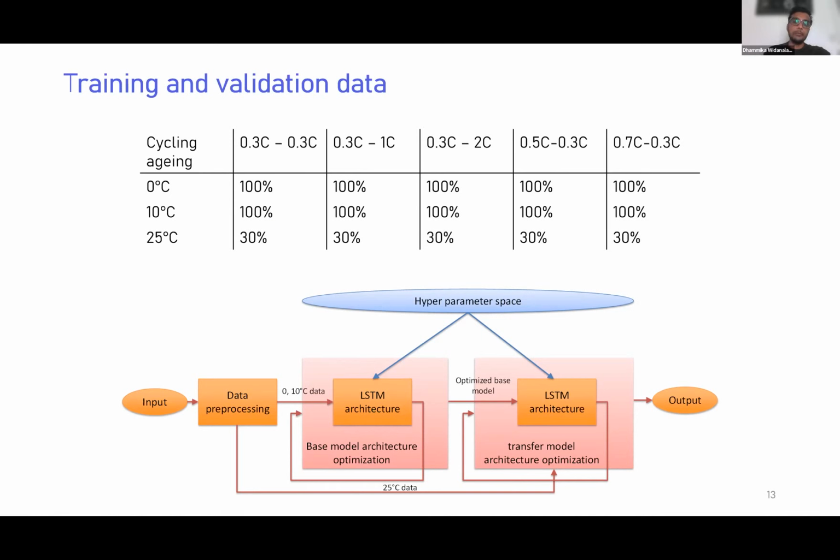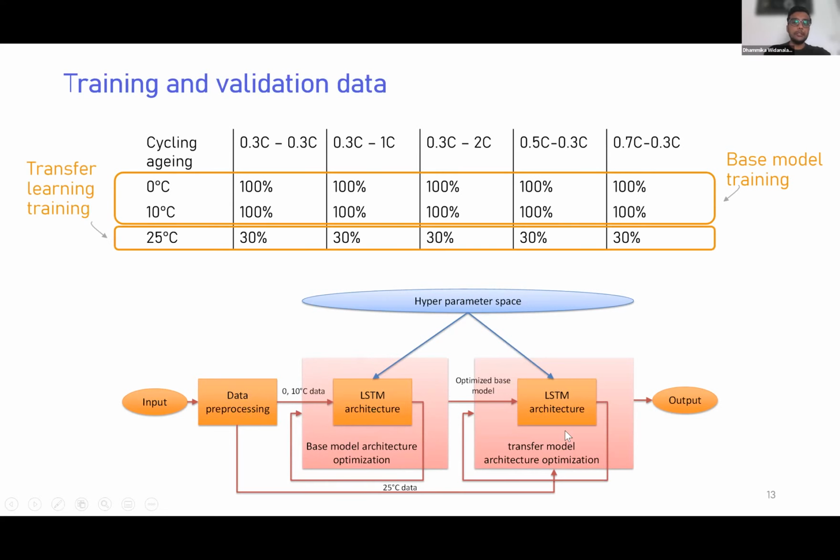What we did here was we used the first 2 temperatures, the 0 and the 10 degrees, to train a baseline model. We used all the data available to us, so 100% of the data was used for this purpose. Then with that as our base model, the middle pink box that you're seeing here, we subsequently used the 25 degrees data set, but only a partial data set of that.